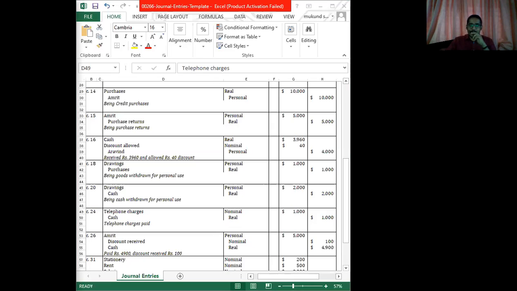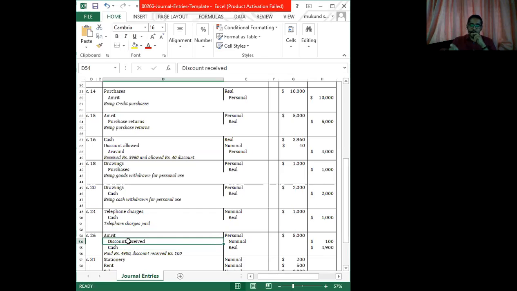See the journal entry. Amrit account debtor to discount received to cash. Why did we debit Amrit? It is a personal account and we are debiting the receiver because he is receiving money from us, right? And why are we crediting discount received as well as cash? Discount received is an income.